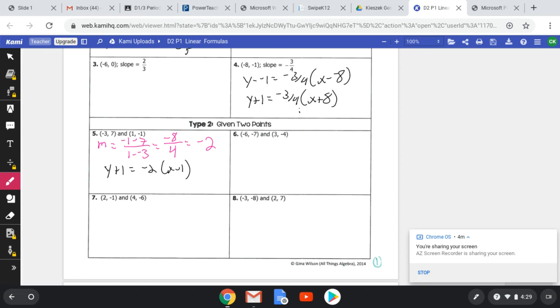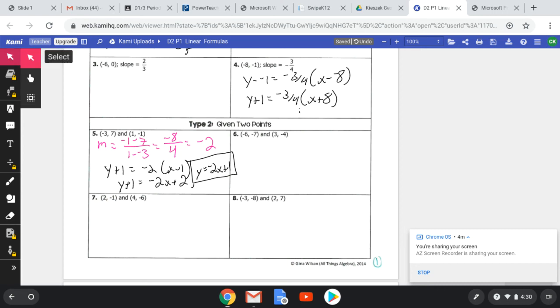Distribute: y plus 1 equals negative 2x plus 2. And then subtract 1, so y equals negative 2x plus 1. And that is your answer. So again, when you're given 2 points, the first thing you have to do is find your slope. And then pick whichever point you want to use, plug it into your point slope formula, and then solve for y.